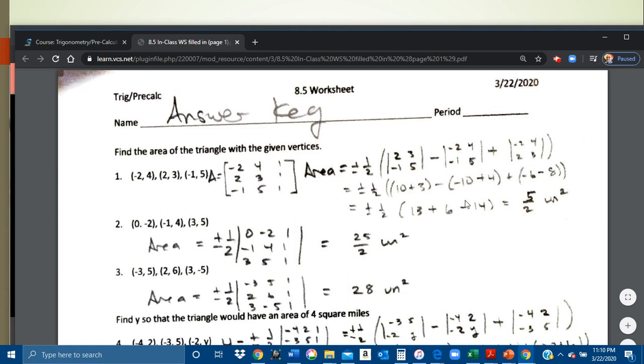So plus or minus 1/2, 13 plus 6 minus 14 is equal to 5. That's positive, so we don't need to change signs. So 5 halves and units squared.